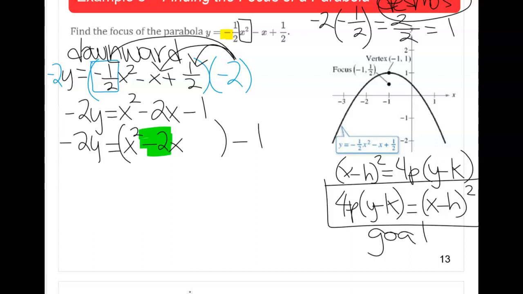I'm going to take half of -2, so -2 over 2, or let's just divide it. So -2 divided by 2 is equal to -1, and then we're going to square it. So again, this number is coming from half of -2.